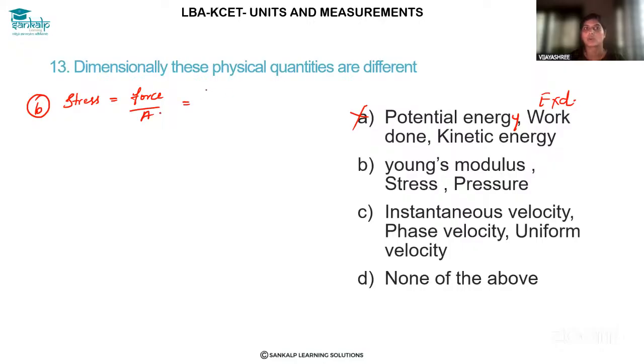The dimensional formula of force is M L T raised to minus 2 divided by area, which means length square, L square, which is equal to M L raised to minus 1 T raised to minus 2. That is the dimensional formula of stress.